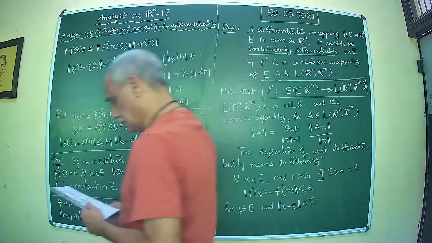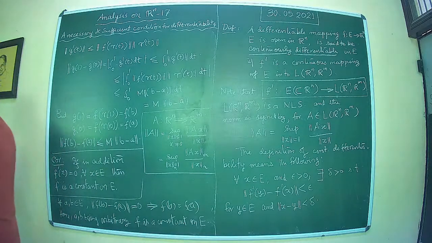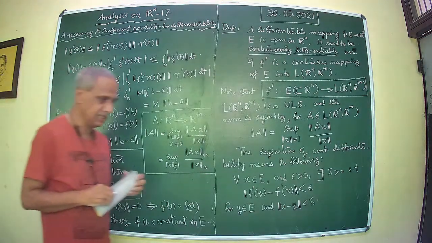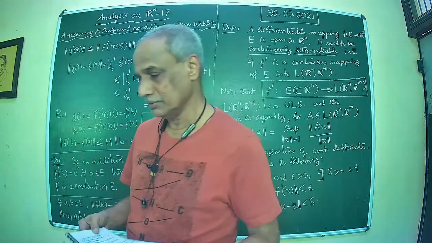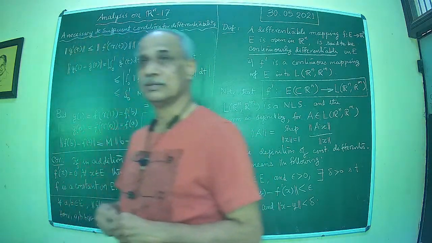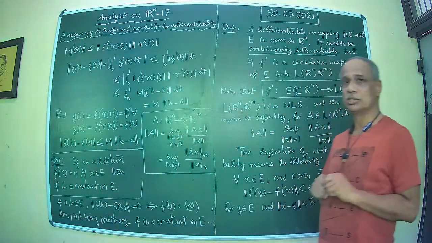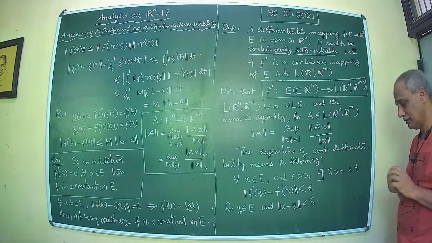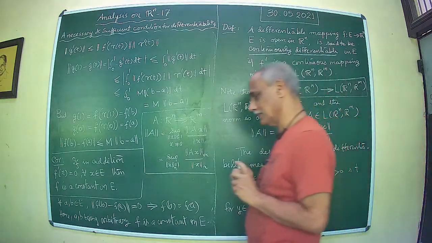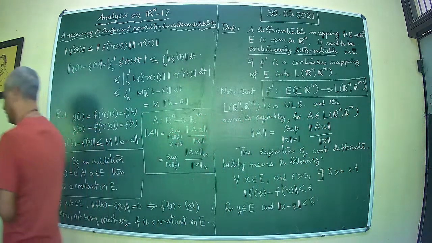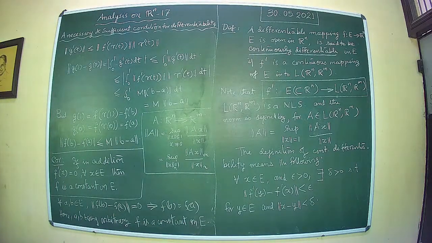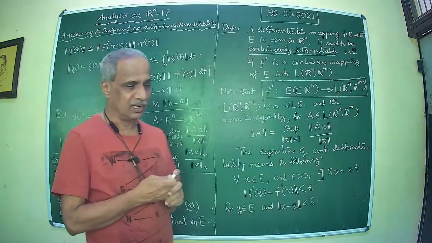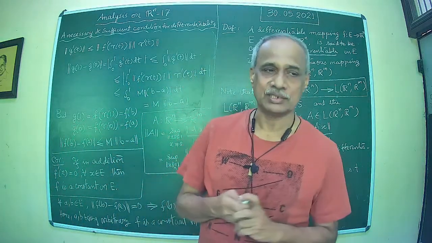Okay. Now we take up our question. Our question is what? Okay. Our question is the following. Suppose you have a differentiable function. Then we have seen that the partial derivatives exist. That we have proved. Okay. So you ask the converse question.